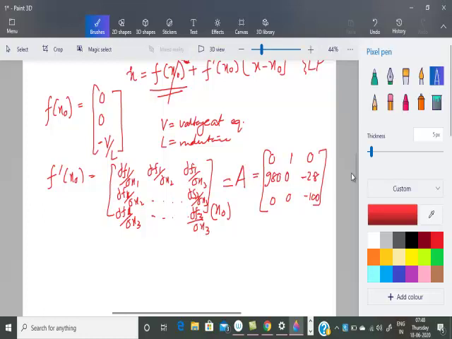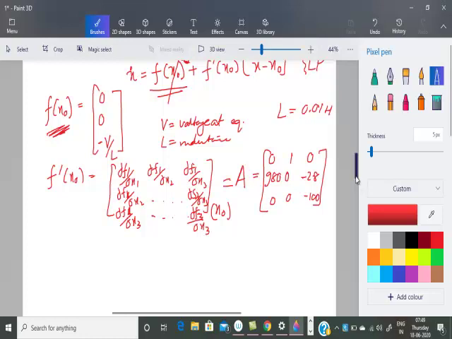And your fx0, this drift term here, is going to come out in terms of this inductance L, which is equal to 0.01 Henry, right?